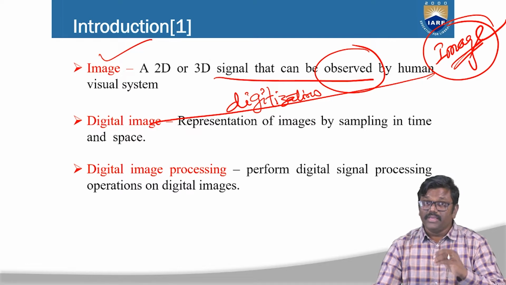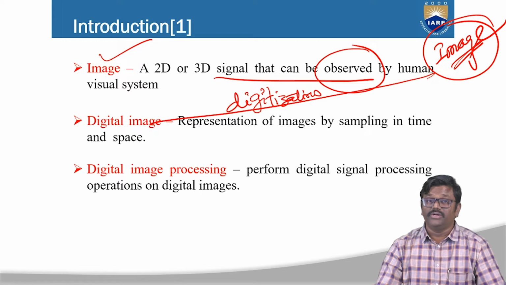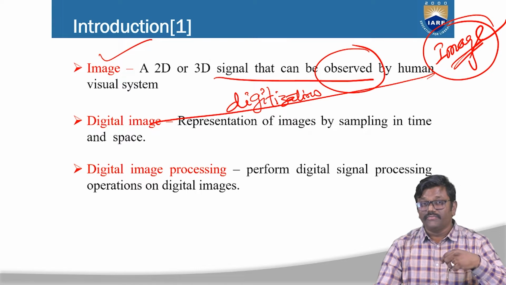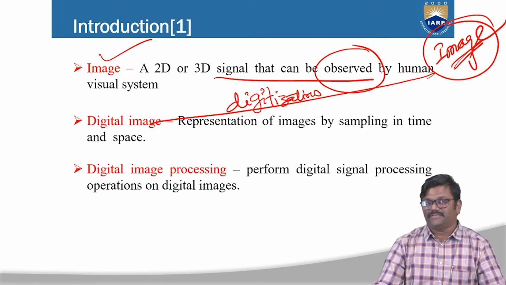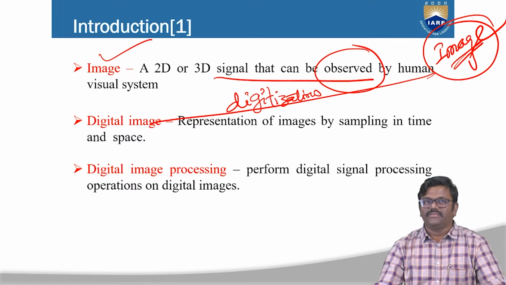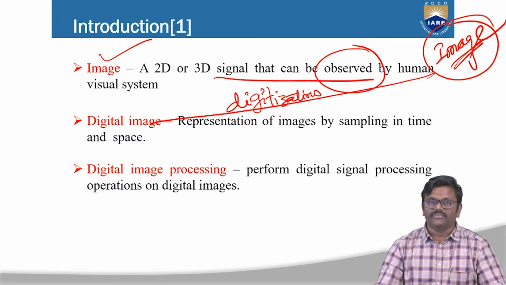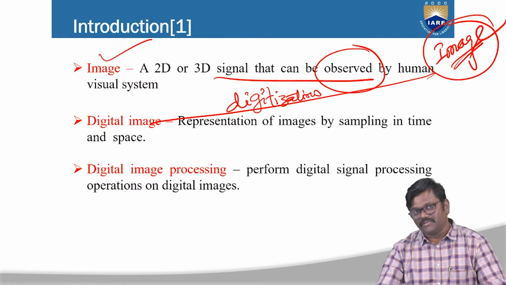So naturally, we define the image in terms of a natural process. But when you want to use the image for certain analysis, the title of the subject is image processing and analysis.